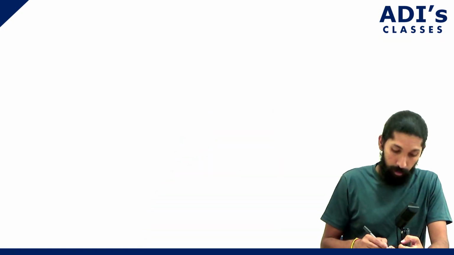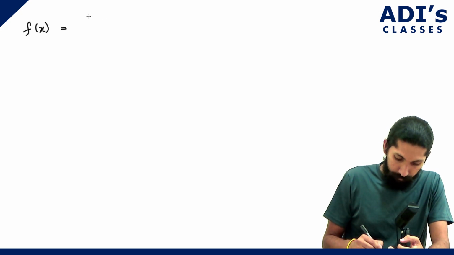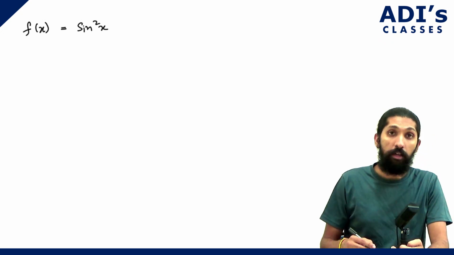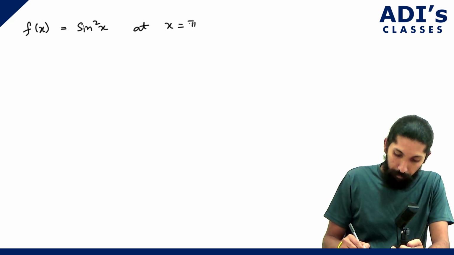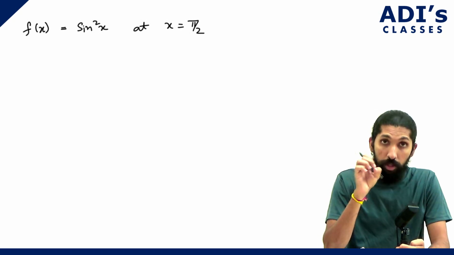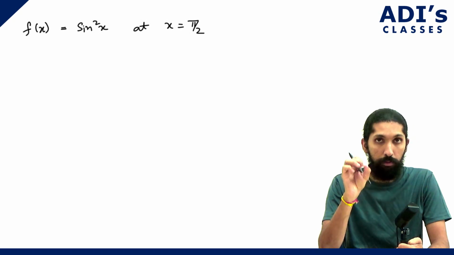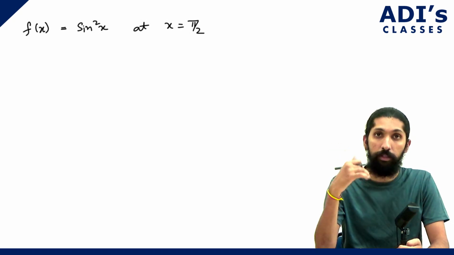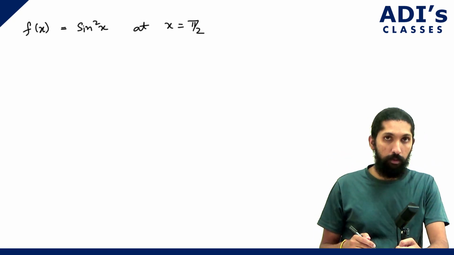Check whether the function f of x is equal to sine square x is continuous at x is equal to pi by 2. The question is, check whether f of x is sine square x is continuous at x is equal to pi by 2 or not. Now, for this one, first thing, what do we do?